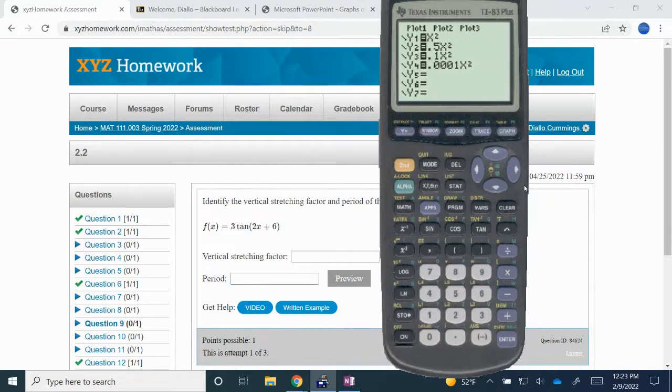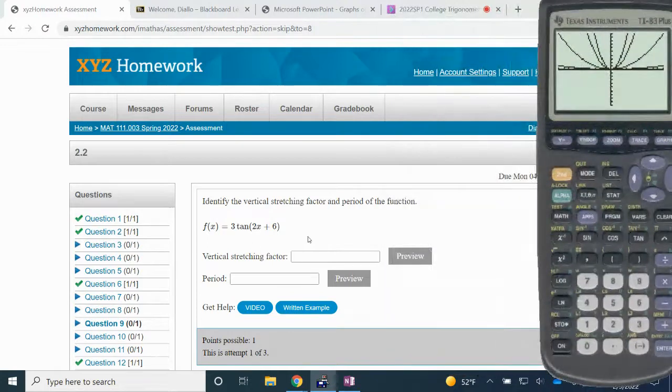Let me take some of the zeros away and put in 0.01 x squared. So that's the first one, the second one, the third one, and the fourth one. Notice as we get closer and closer to 0, the graph shrinks down or flattens towards the x-axis.